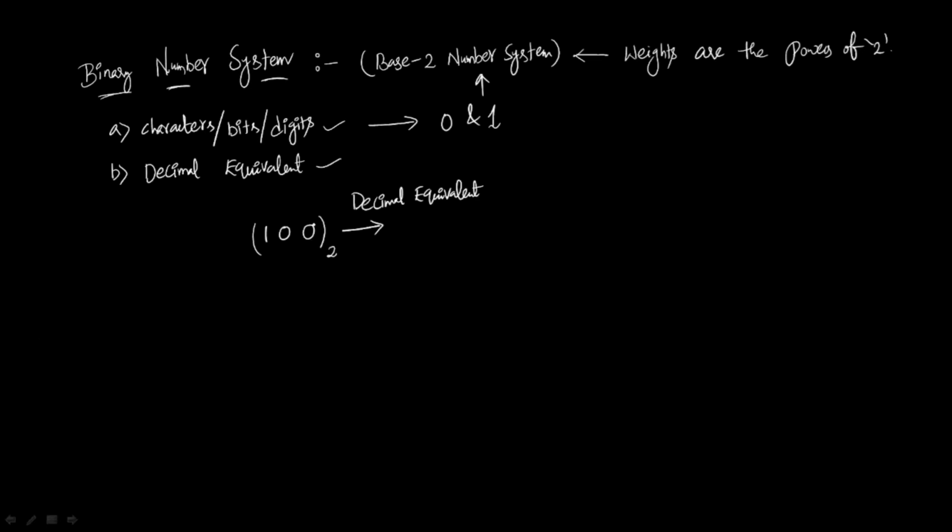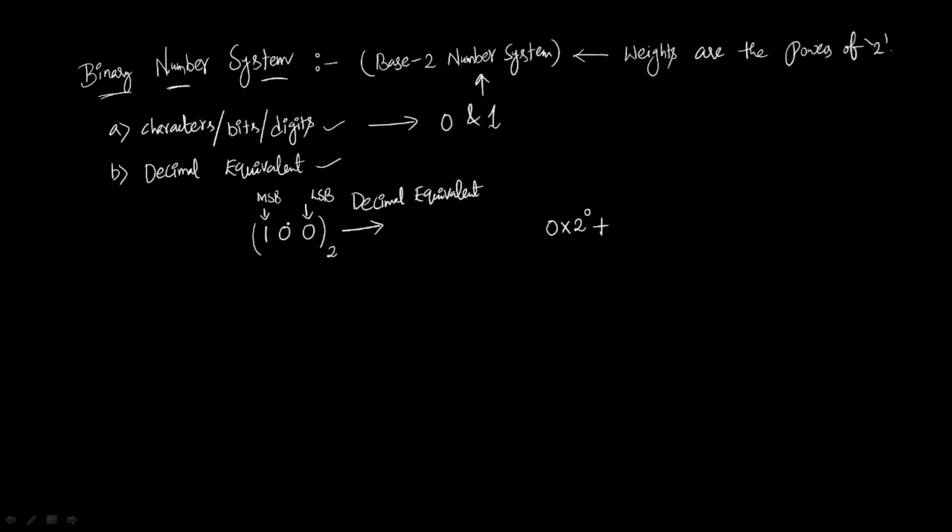This bit is called the least significant bit and this bit is called the most significant bit. In short, we call them LSB and MSB. For the LSB you will get the powers starting from 0. So the coefficient is 0 and it is multiplied with 2 power 0, plus, as it is an addition you can keep this plus anywhere.